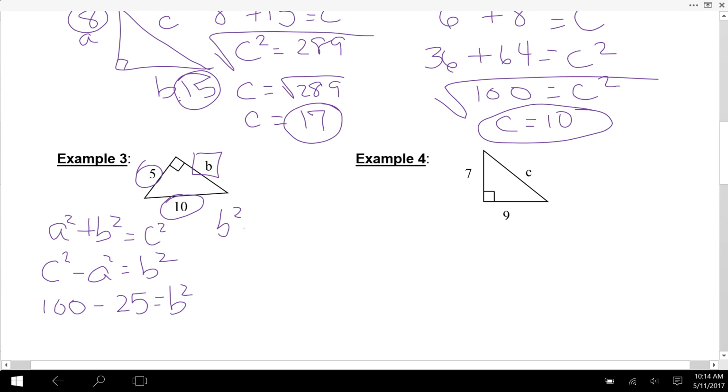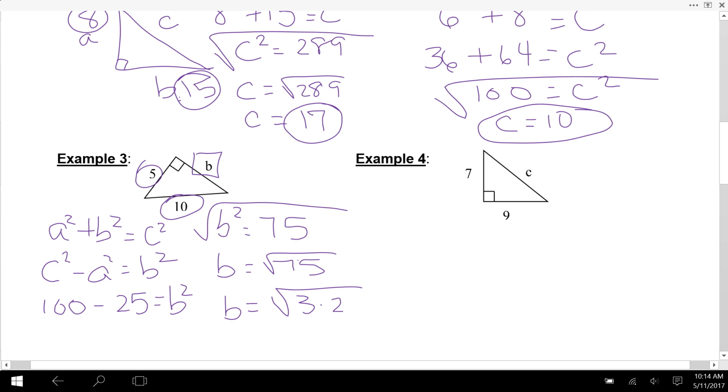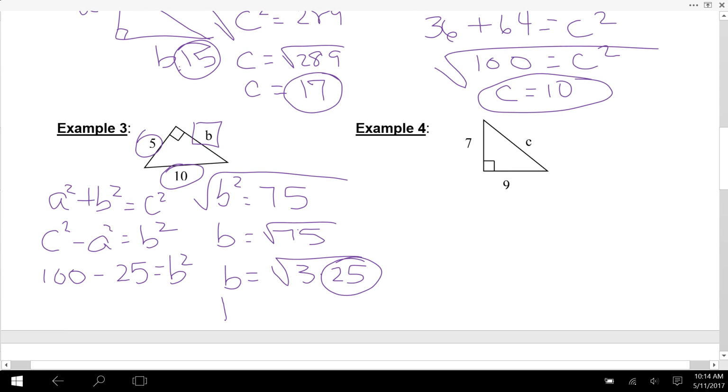B squared equals 75, and I need to take the square root of everything, so B equals the square root of 75, which is not a perfect square. B is equal to the square root of 3 times 25. This is a perfect square, so I'm going to end up with B equals 5 times the square root of 3.